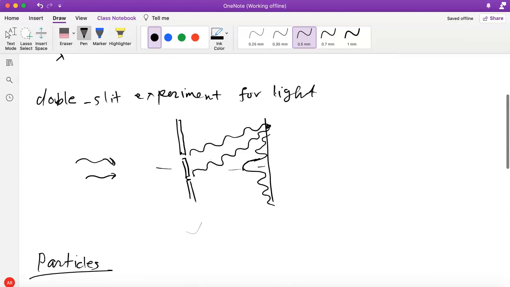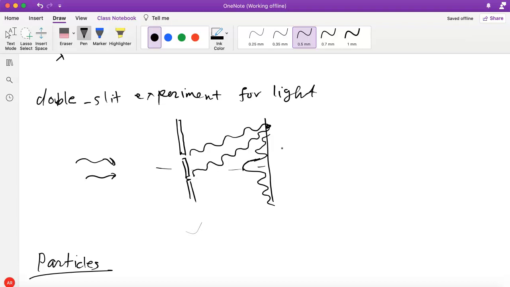The way we got these interference fringes for light or for waves is that, well, if you want to write, let's say, the electric field at this point, it's a sum of an electric field for a wave emanating from this opening and an electric field for a wave emanating from the other opening. It's a sum of two things. Each of them has a phase in it, and that gives rise to those fringes.